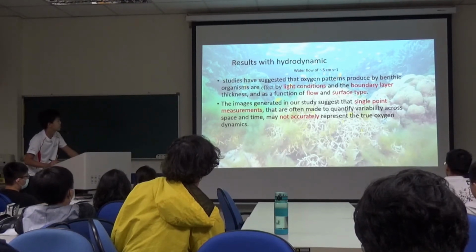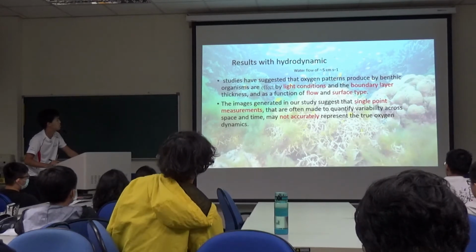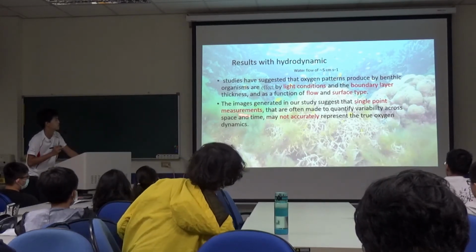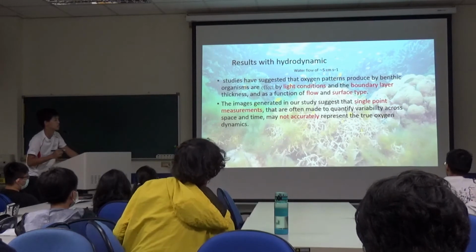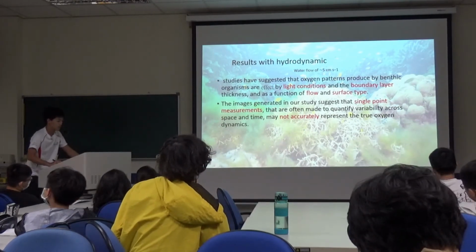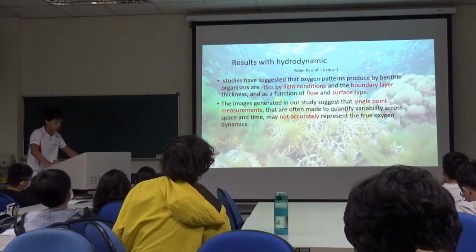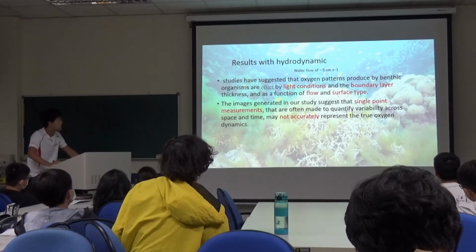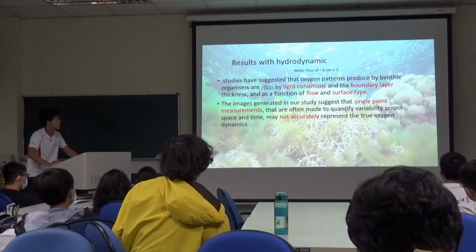The images generated in our study suggest a simple point measurement is not accurate, because the water and oxygen will flow, and you can't measure it at a single point. It will change with space and time.